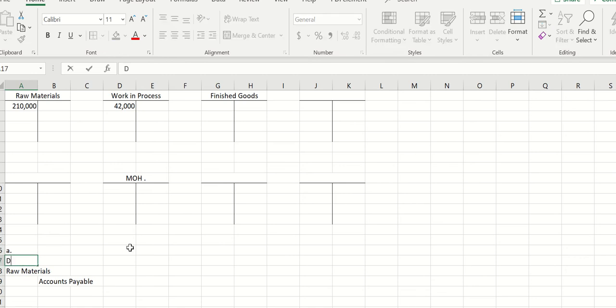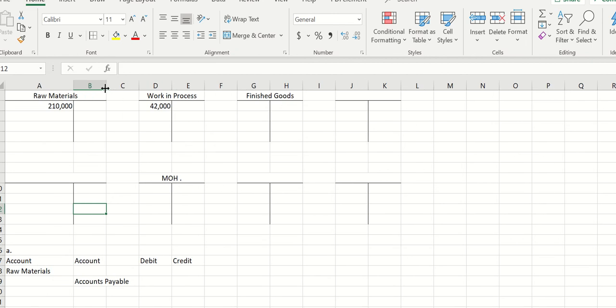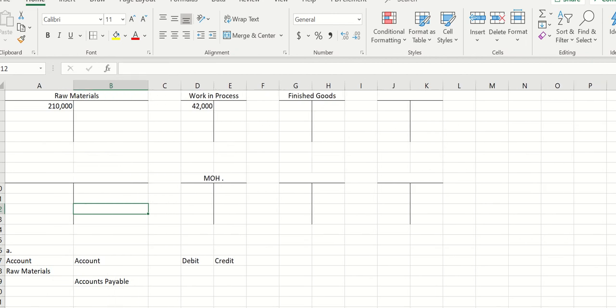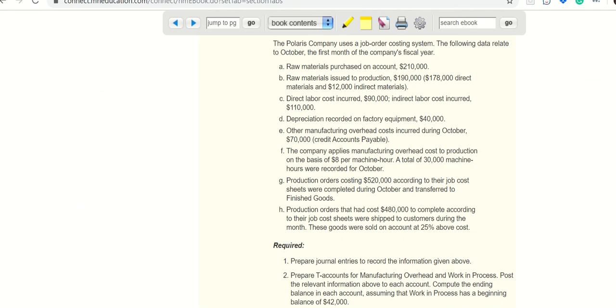So this is my debit, this is my credit over here for my journal entry, and it was for 210,000.